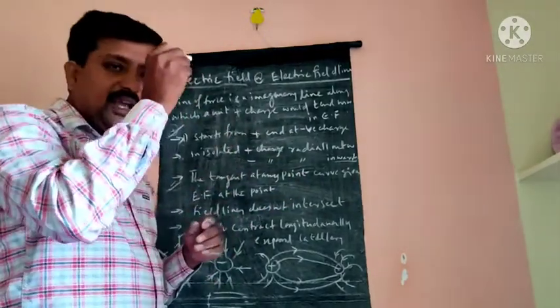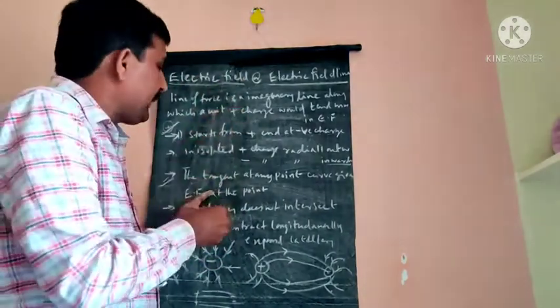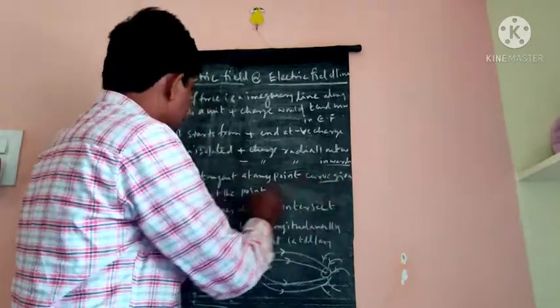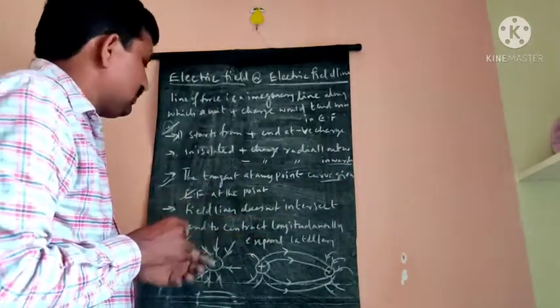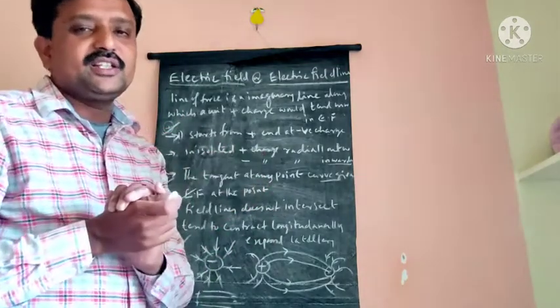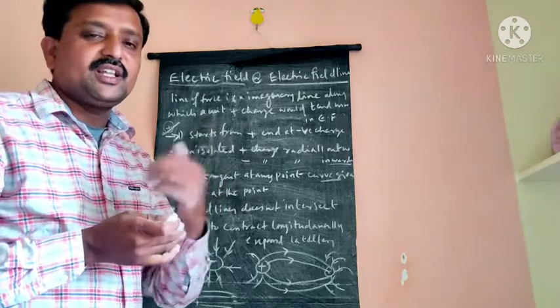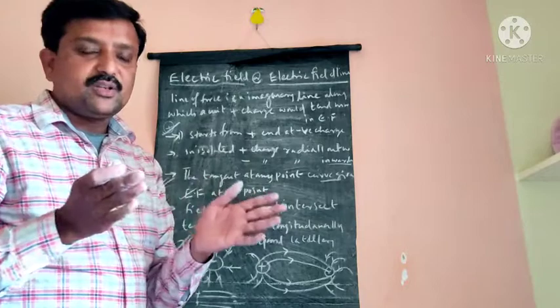If a tangent is drawn on an electric field line, the tangent shows the electric field direction at that point. Two electric field lines cannot intersect, because then there would be two directions, which is not possible.